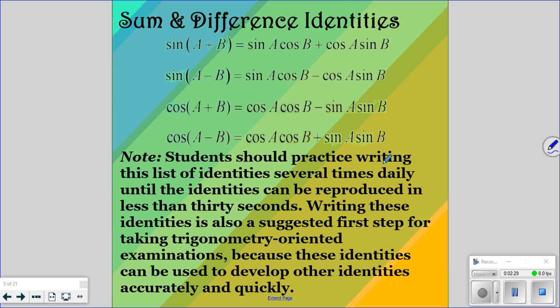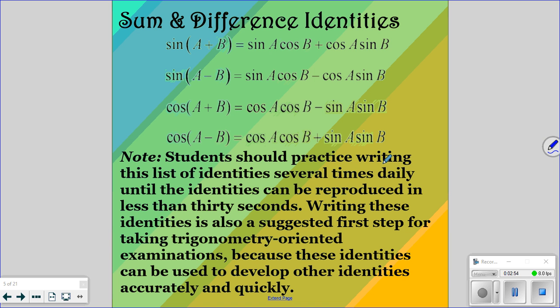The book loves this tip, and I think it's funny. You can do this if you would like, or you can just make note cards, or you can just stare at them. Don't just put them under your pillow and hope that you're going to learn them through osmosis, though. That's probably not going to work. It says students should practice writing this list of identities several times daily until they can be reproduced in less than 30 seconds.